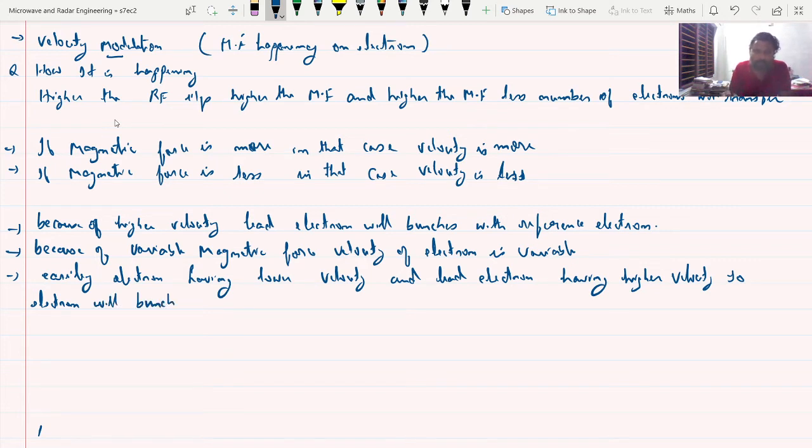Okay, because of electron bunching, so what happens?